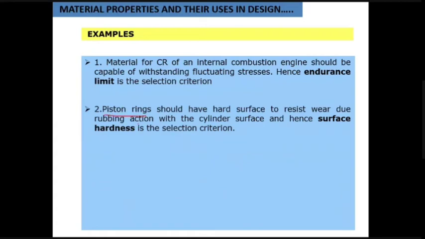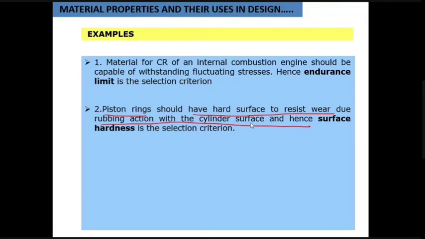Next, piston rings. I have taken this example because you have already studied the IC engine. Piston rings should have a hard surface to resist the wear due to the rubbing action between the piston ring and the cylinder surface. The piston rings are placed on the piston and act as a seal between the piston and the cylinder.